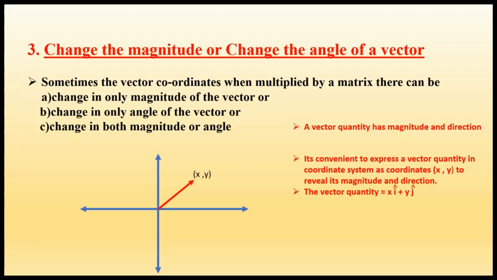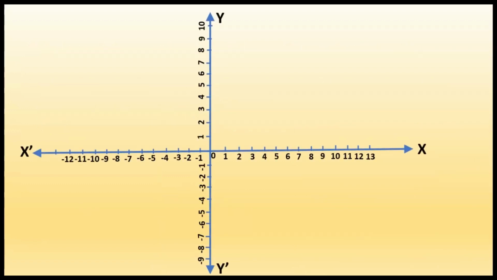and it is marked in the coordinate system x and y. The magnitude of this vector is given as the square root of x square plus y square. The direction of the vector, theta, equals tan inverse y by x. This is a typical Cartesian coordinate system, x o x dash, y o y dash. Let's consider a vector with coordinates 1, 2.